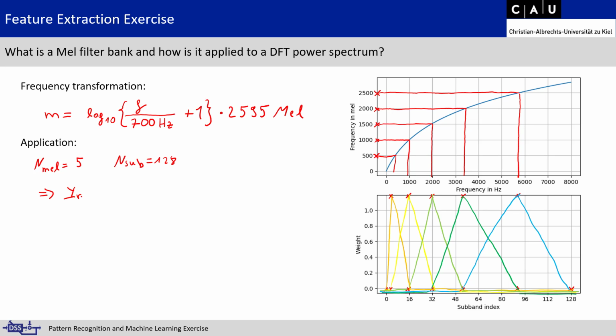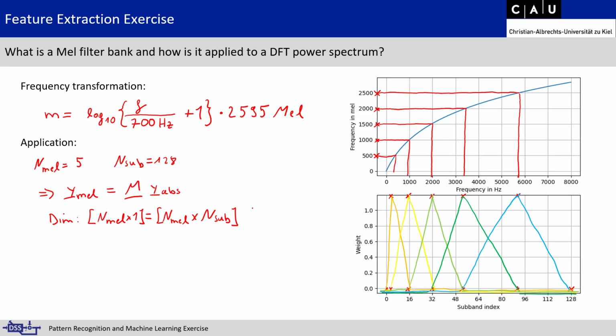And you know from the lecture that your subband vector on the Mel frequency scale equals a multiplication of a matrix M times the vector you want to transform. And just so you understand what we're doing here, let's look at the dimensions. Our vector YMel should be, of course, a column vector, and it should have nMel entries because we want to have nMel, or in our case 5, subband values.